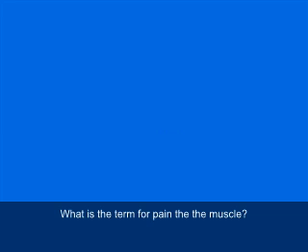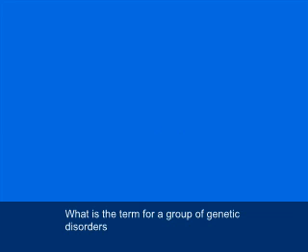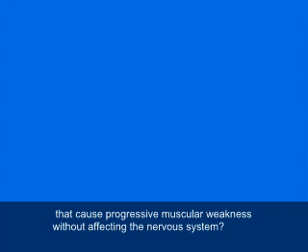And what is the term for pain in a muscle? That's myalgia. What is the term for a group of genetic disorders that cause progressive muscular weakness without affecting the nervous system?